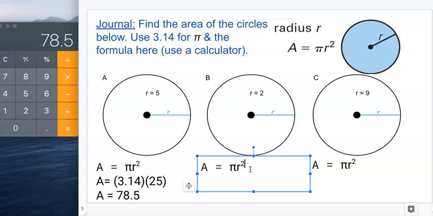And in this one, I'm going to do a couple steps at once. I'm going to first plug everything in, and then I'm going to calculate it. So pi is 3.14 times the radius squared. That's 2 squared, right? The radius is 2 to the second power, or 2 times 2.